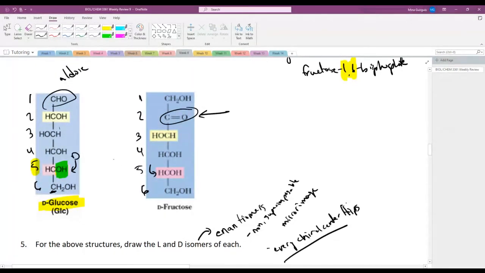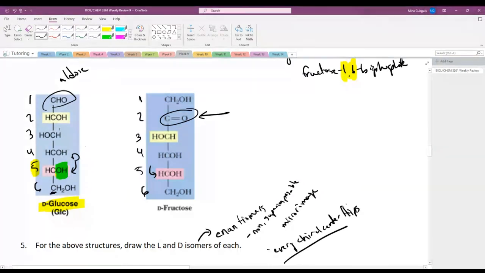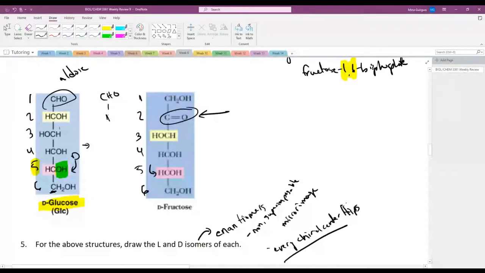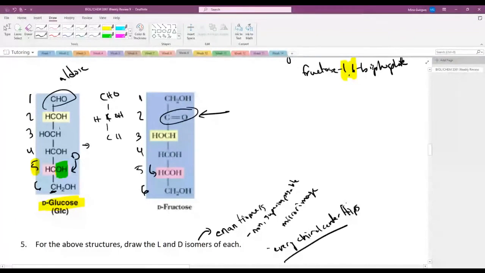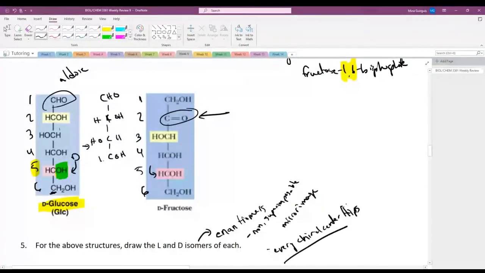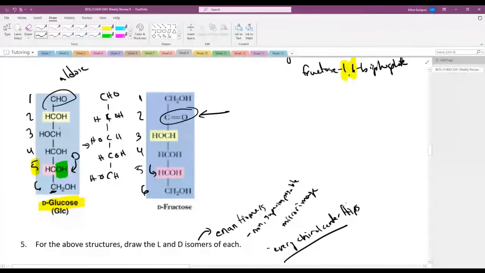If it was to the left, we would say L. But if I were to draw this exact same thing again, carbon, OH, H, carbon, H. Sorry, give me one moment. If I were to literally copy this down verbatim, except just swap this around, this is not L-glucose.